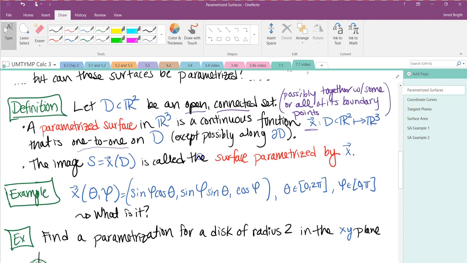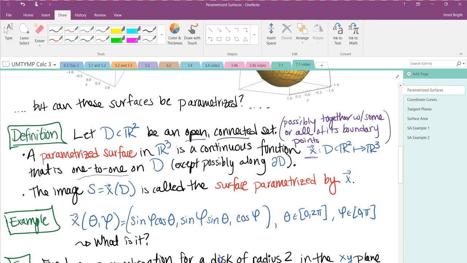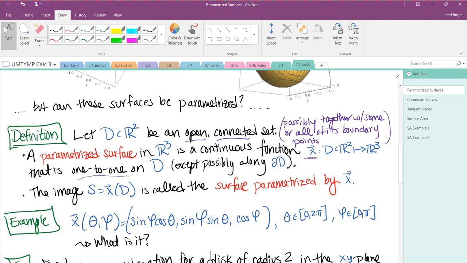Okay, so now I have an example here. It's a function of theta and phi. It's saying that theta goes from 0 to 2 pi, phi goes from 0 to pi, and then we have a lovely combination of sines and cosines. You might recognize this from back in the day when we were talking about spherical coordinates, but this is just a sphere.